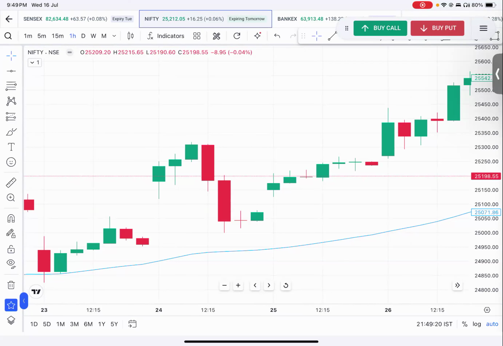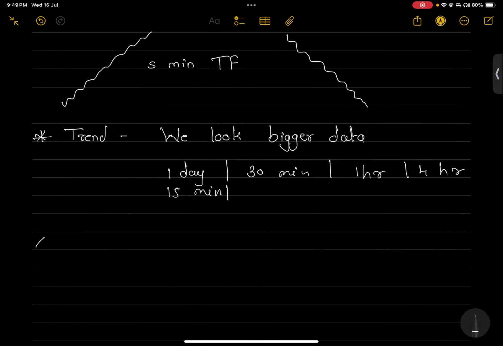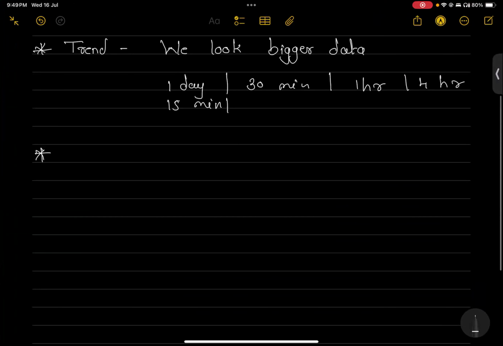So here in bigger time frame, we try to understand the trend of the chart. We try to understand the trend of the price behavior. But in smaller time frame, we work on swing.